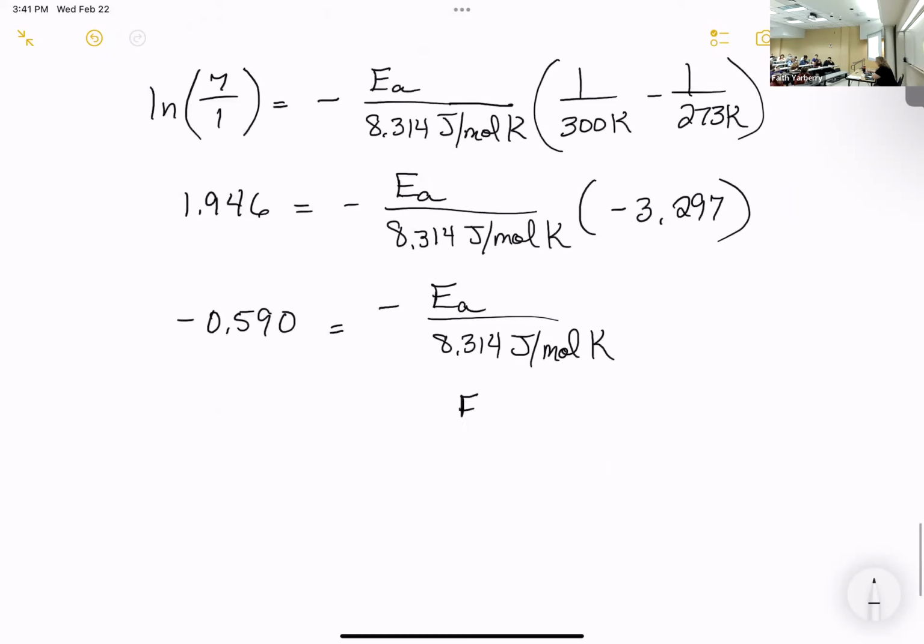So E sub A, and the Kelvin actually has already canceled out, is equal to 4.91, and that would be in joules per mole.